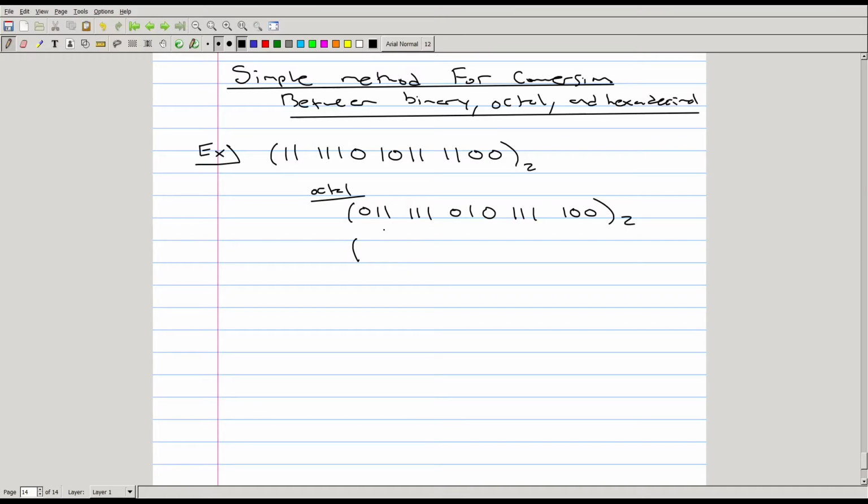Each one of these numbers is going to be from 0 to 7, which are directly the octal digits. So this will be 3, this is 7, this is 2, this is 7, and this is 4. So this number is the number 37274 base 8.